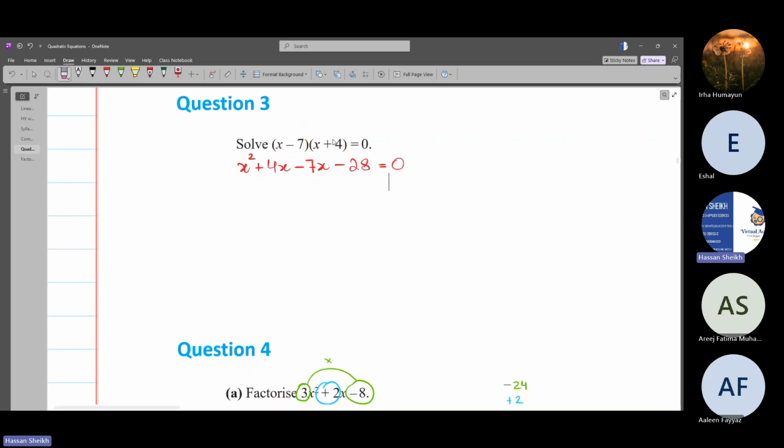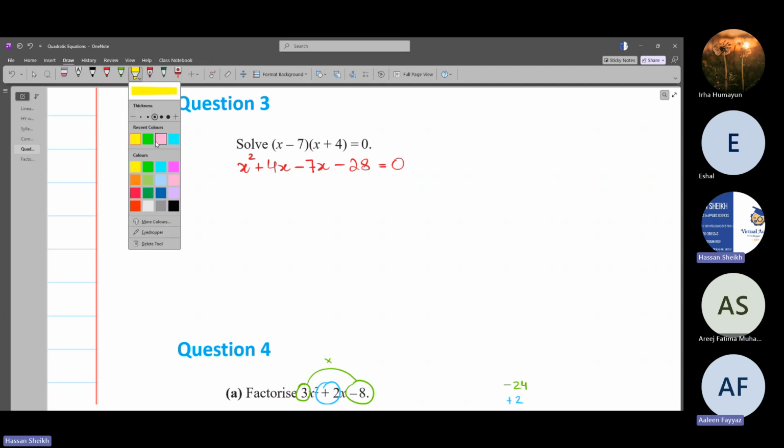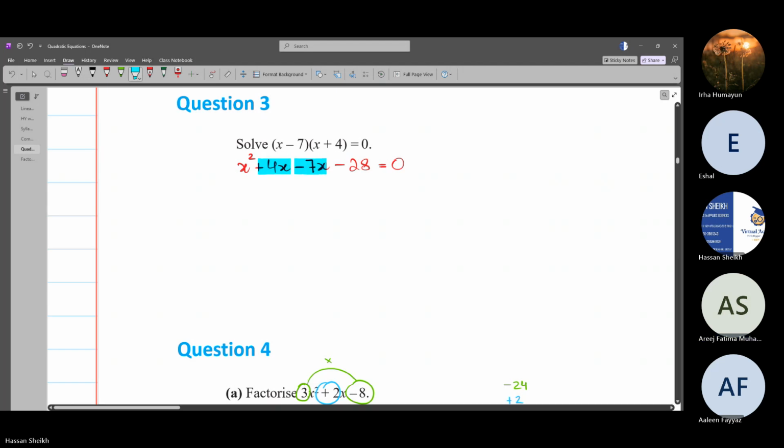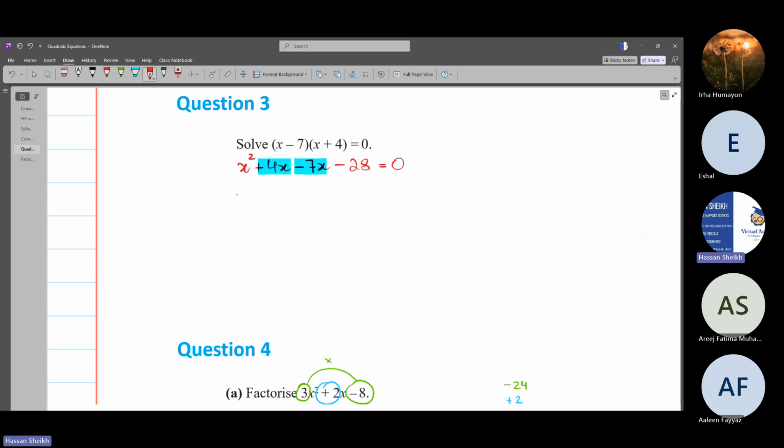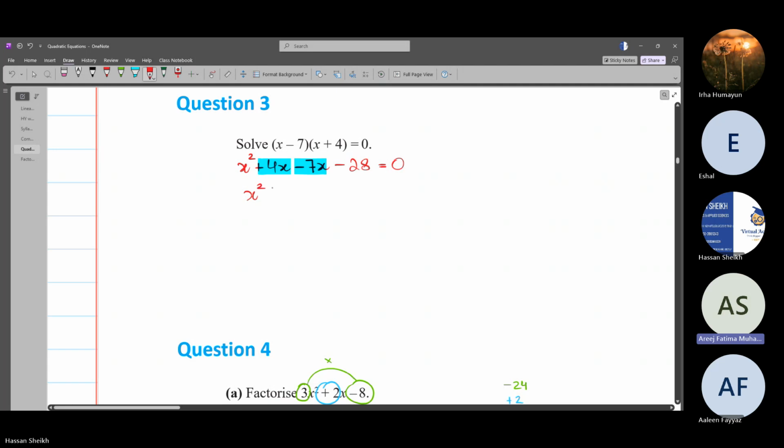Is that how we expand brackets? Yes. Do we have any like terms there? Yes, 4x and 7x. So what is plus 4 minus 7? Minus 3. Minus 3x.